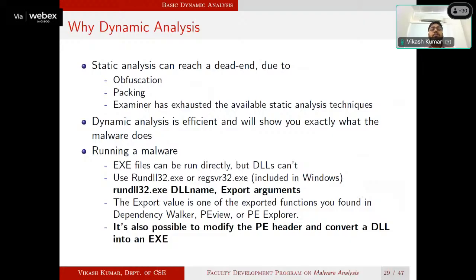They have the function definitions, the full operational definitions. Other exe files take the help of that DLL to complete their functionality or requirements. So running an exe is fine, but how can we force DLLs to run?